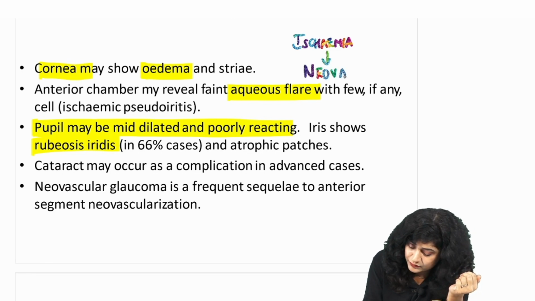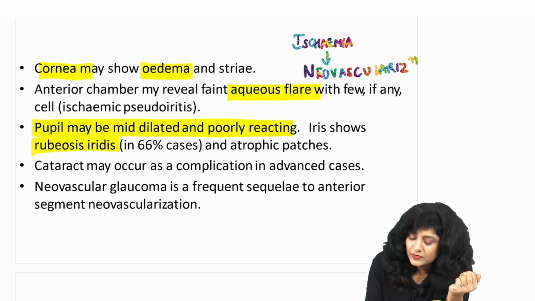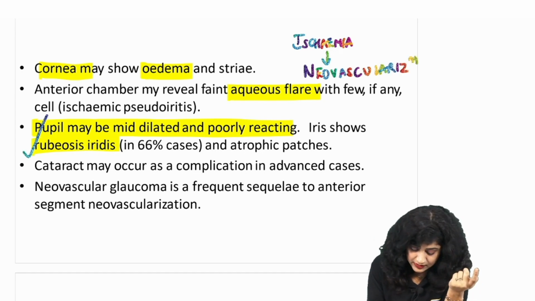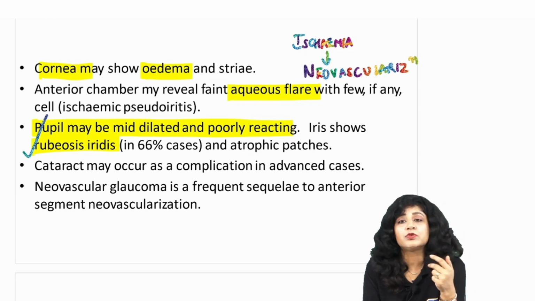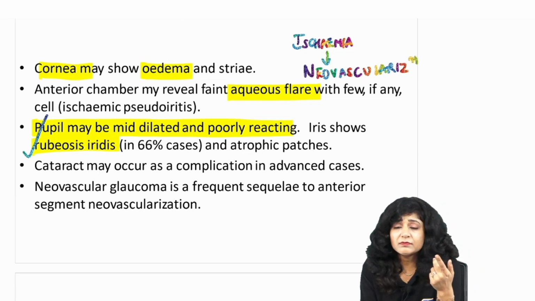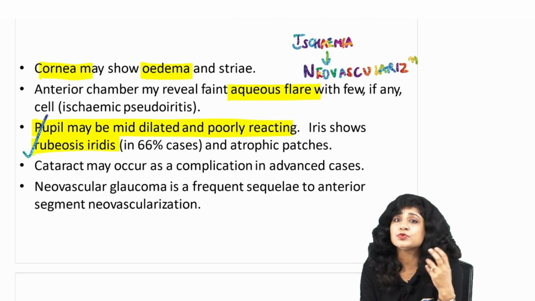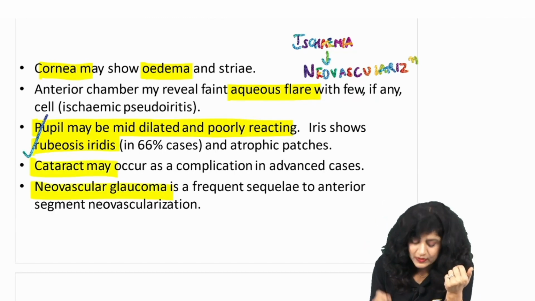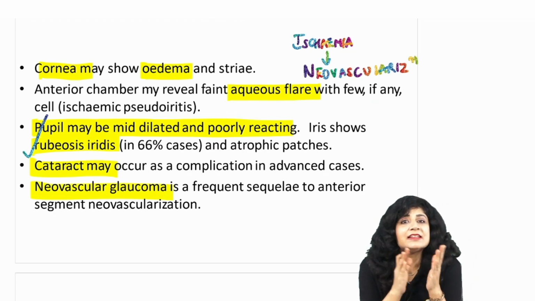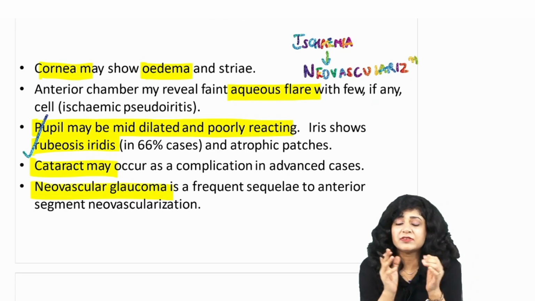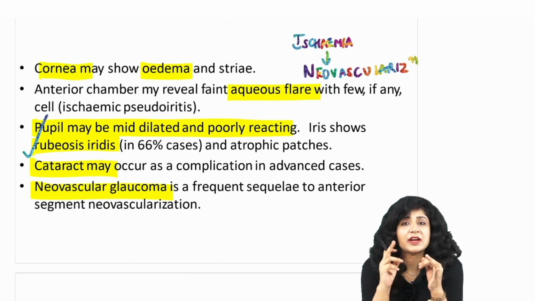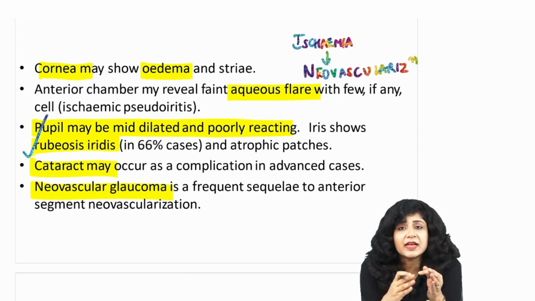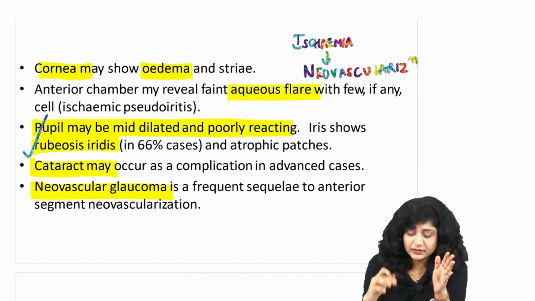If I have ischemia, I will also have neovascularization. So all these signs would be there. Then, due to this neovascularization and ischemia, we can also have a cataract, and we can have neovascular glaucoma. So anterior segment signs can be there, starting from corneal edema, aqueous flare, rubeosis iridis, cataract and neovascular glaucoma. Think about this.